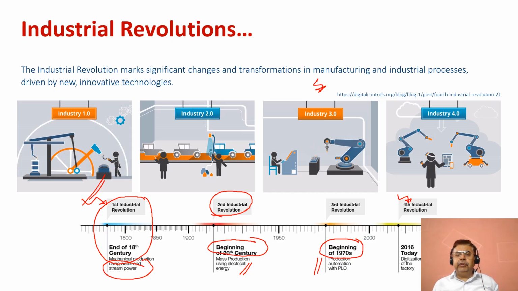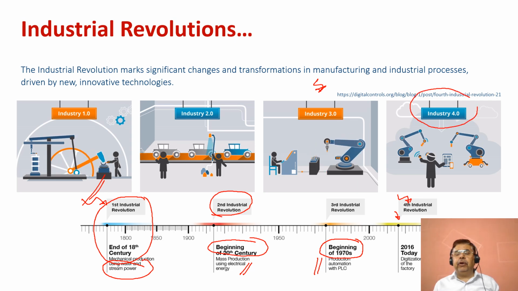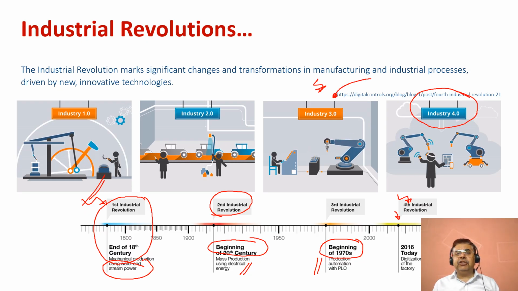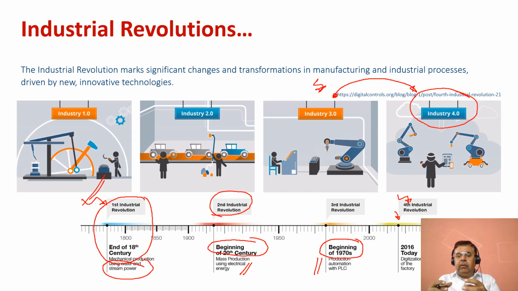Now, 2014 onwards, we have embarked on another journey, which is now the fourth industrial revolution, and it is also called Industry 4.0. Now, all the devices and the machines that we developed in the third industrial revolution, we are carrying forward, but now the main technology is that all these machines are connected with each other.